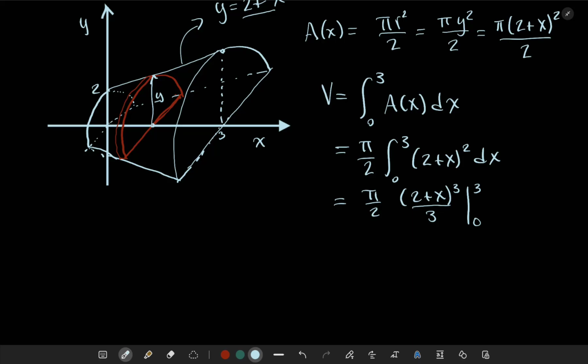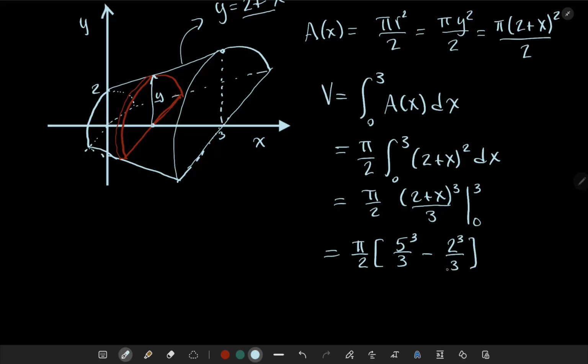Good job. Anyway, so we plug in the value and we get that this is going to be pi over 2 times, evaluating at 3, 5 cubed over 3, minus evaluating at 0. Notice that when I evaluate at 0, I don't get 0 this time. So that's important, not to always assume, oh, it's going to be a 0.